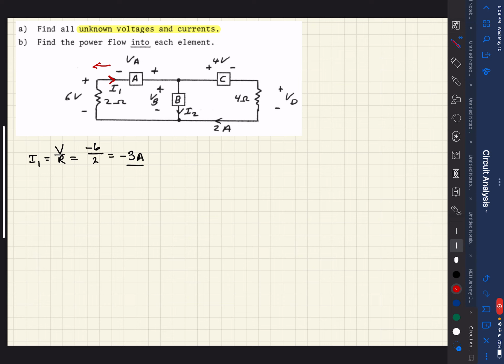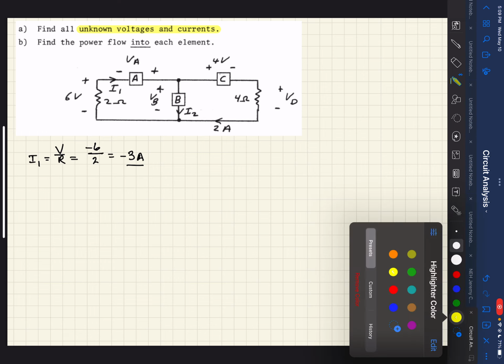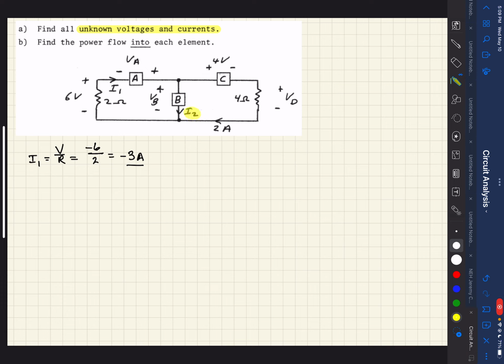So that's I1. Now we want to see what else we can calculate here. The next thing that pops up is we have I2. So we know I1. So let me get back over here. We know the value for I1 now, and we know this value here. So we know all the currents leaving and entering this node.